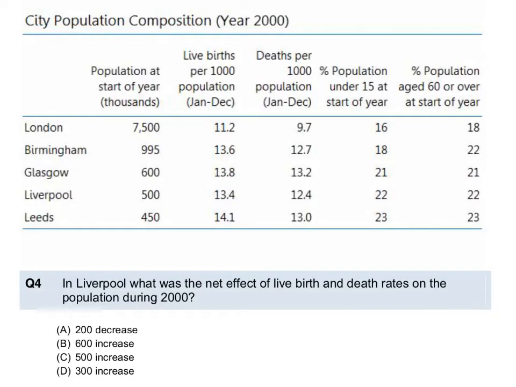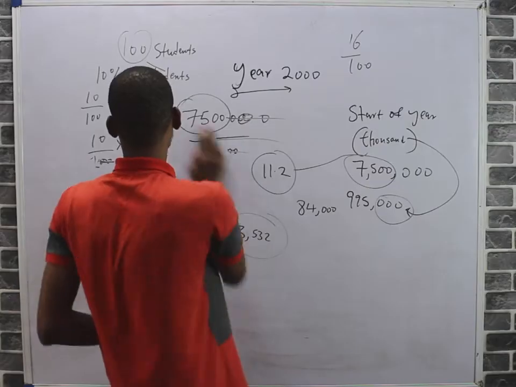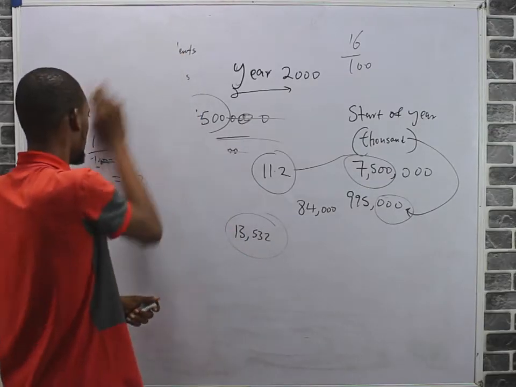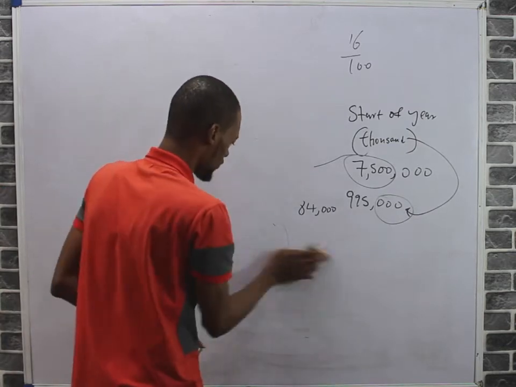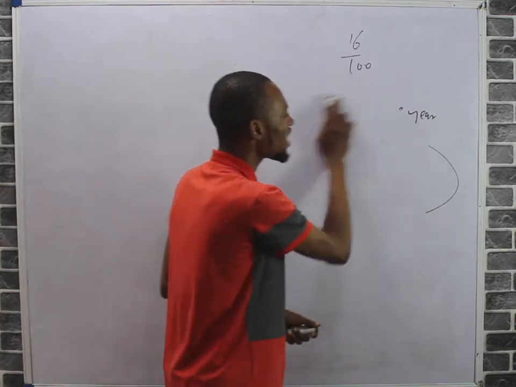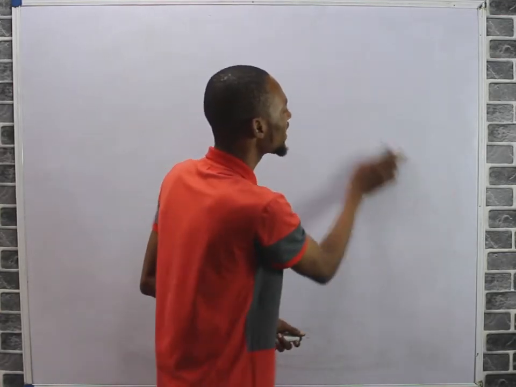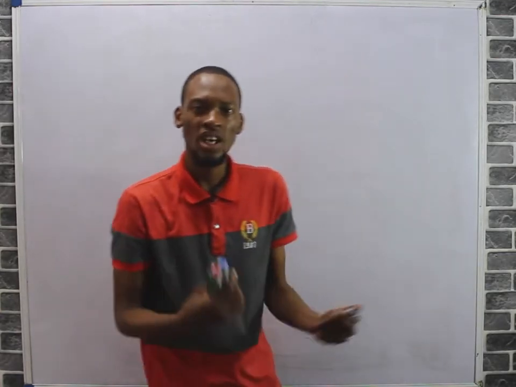Question 4 says, in Liverpool, what was the net effect of live birth and death rates on the population during 2000? The net effect simply means that we calculate the live births, we get the two answers, and we subtract.